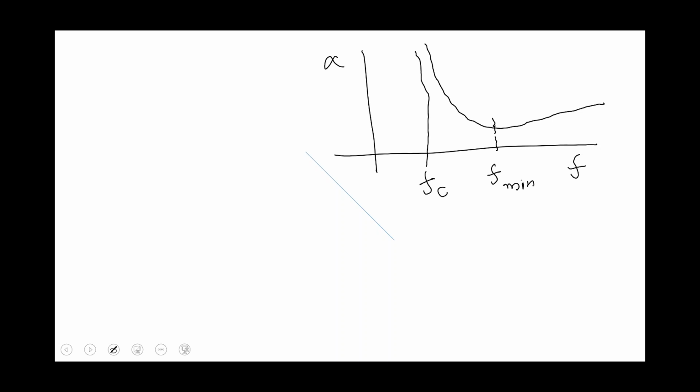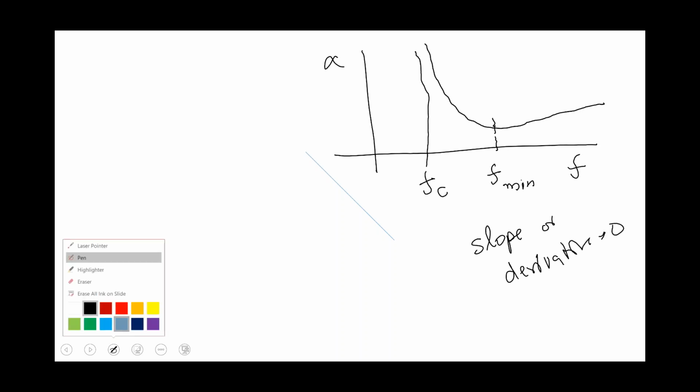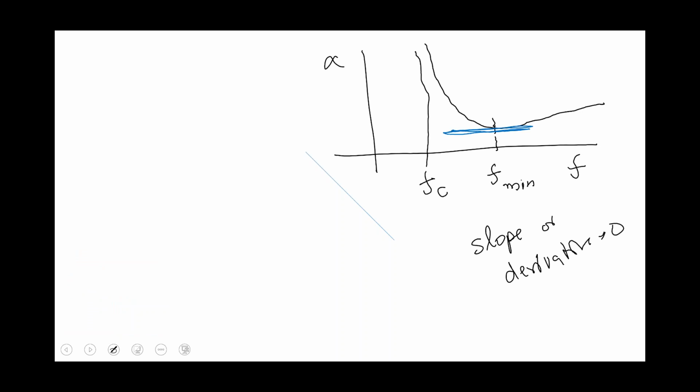I have to find the place where my slope is 0. So slope or derivative is 0 means that if I plot the slope of the function, the slope would be parallel to my horizontal axis. Agreed?